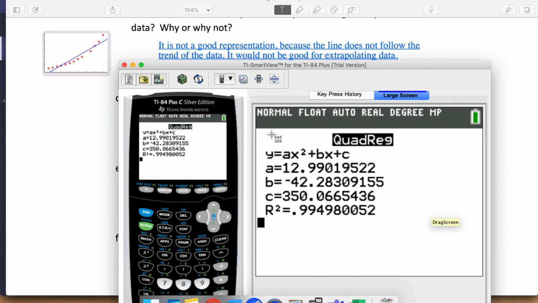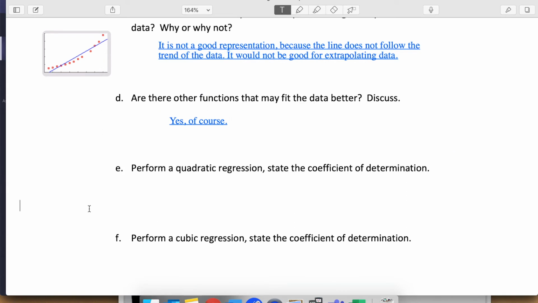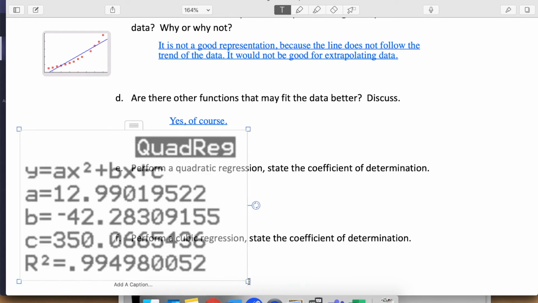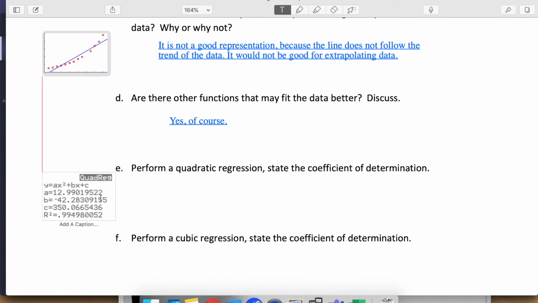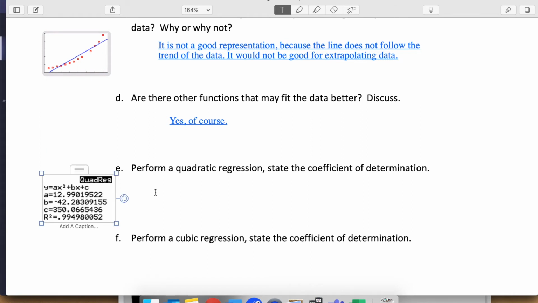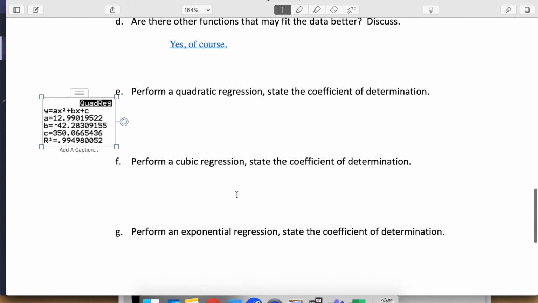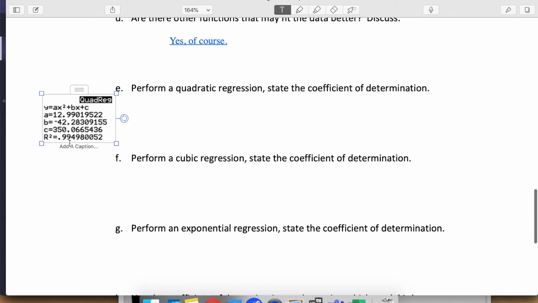I'm just going to copy this, but we want that r squared value. So I'm going to put that in here. Notice I get an r squared of 0.9949. It's a very strong representation. So let's see what else we get. We're going to use the r squared from each to see which one might be the best.